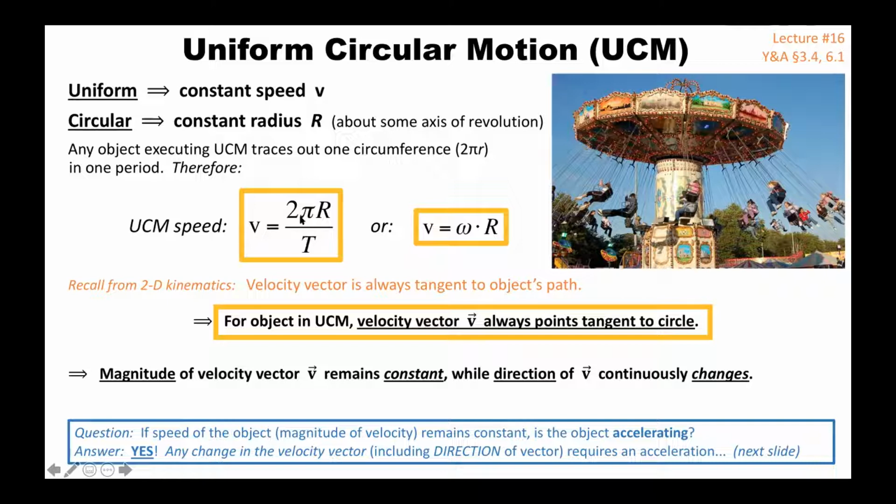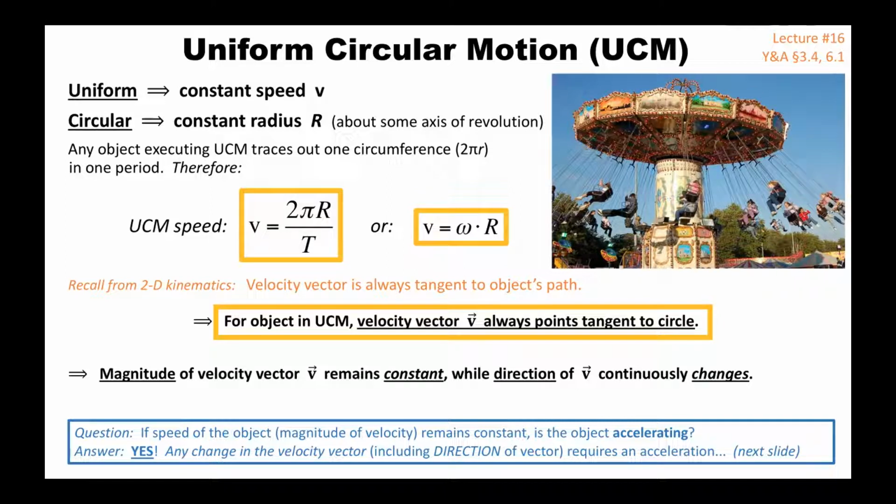So we know that an object that is tracing out the same circle over and over is going to trace out one circumference of that circle in one period of time. So that's what we have here. This is one circumference of the circle, 2 pi times r, divided by the period, capital T. So therefore, this must be the speed of an object that's executing uniform circular motion.